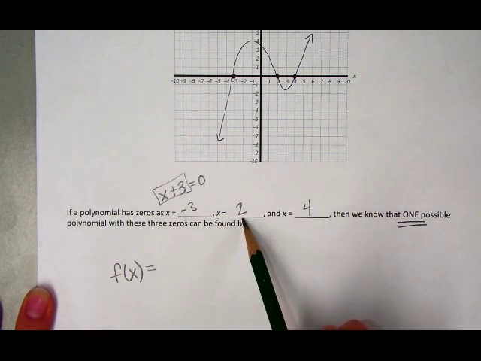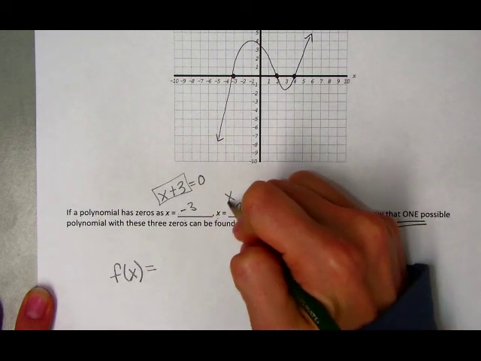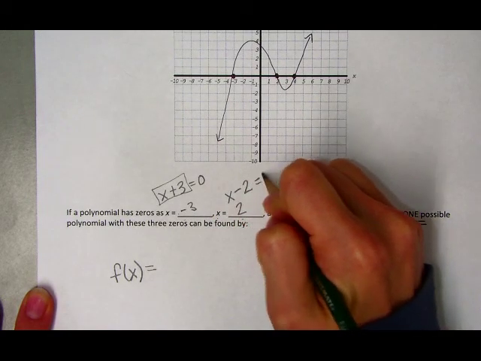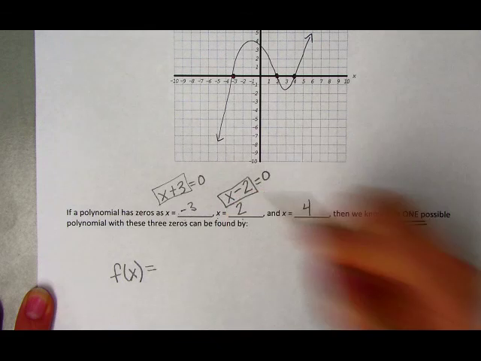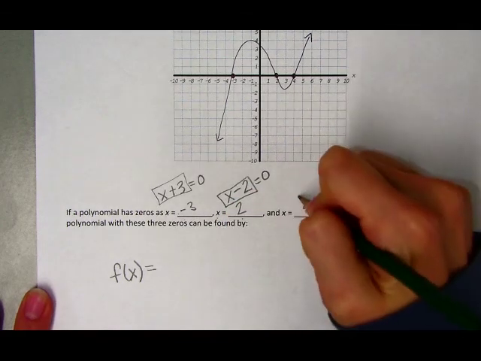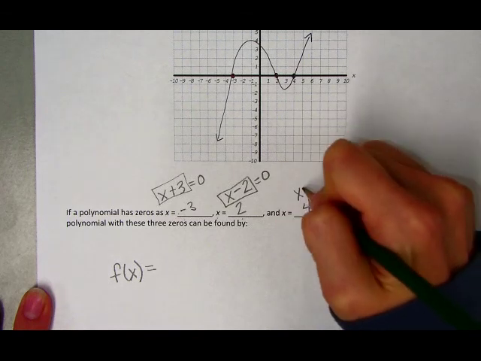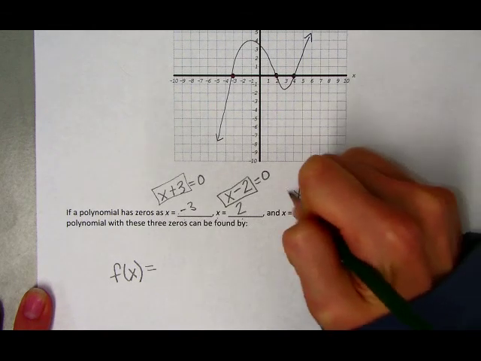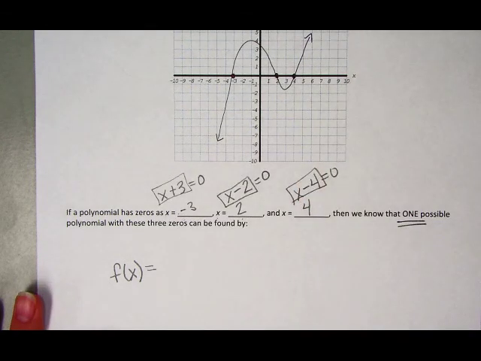If x is equal to 2, you know that you had to have x minus 2 equals 0 first. And if x is equal to 4, you know that you had to have x minus 4 equal to 0 first.